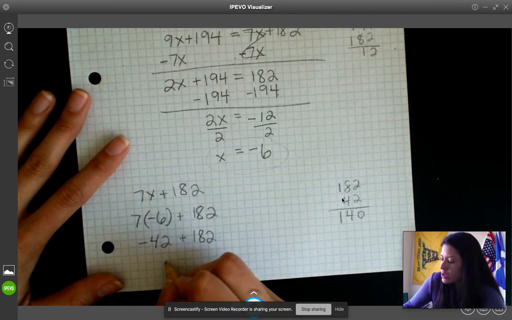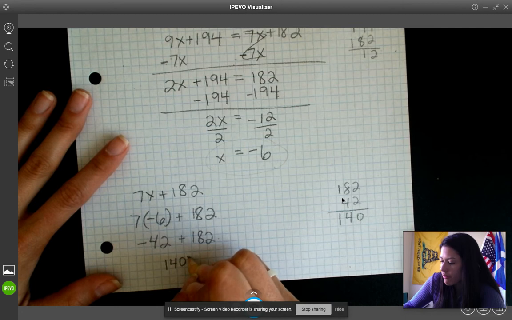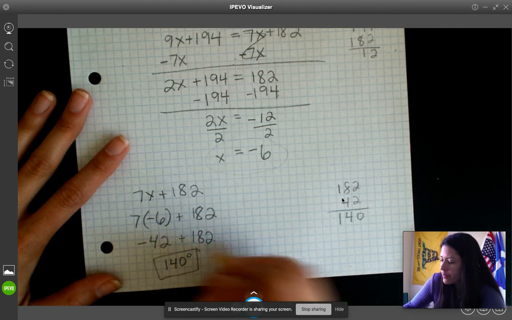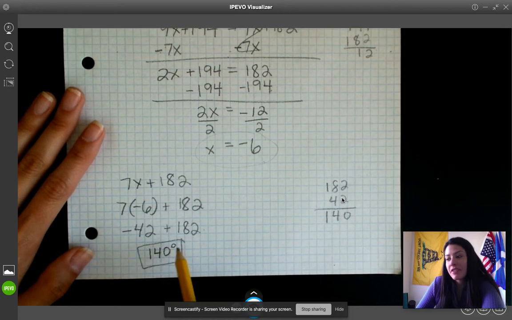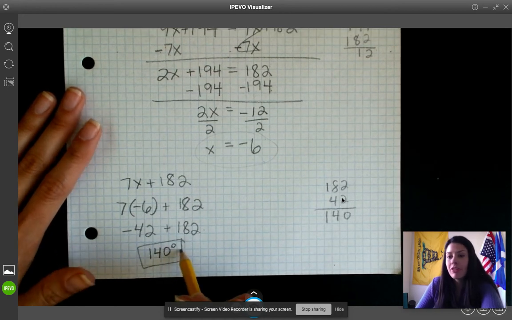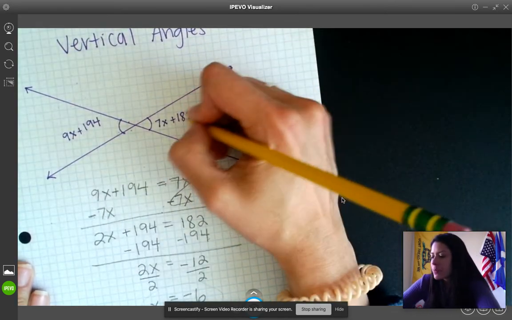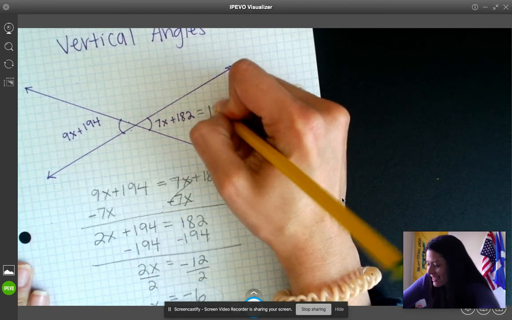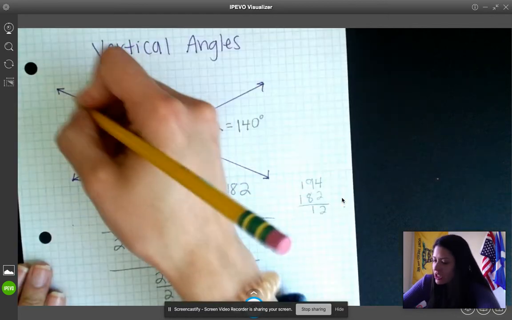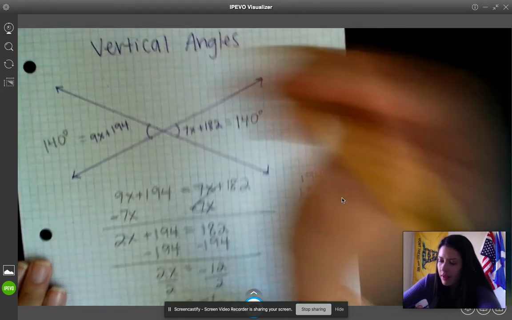So my answer is 140 degrees, okay? Now, of course, 140 degrees is an obtuse angle, meaning it's greater than 90 degrees. This angle, not so much, but I just drew it out for you guys. So it's, of course, not to scale, okay?